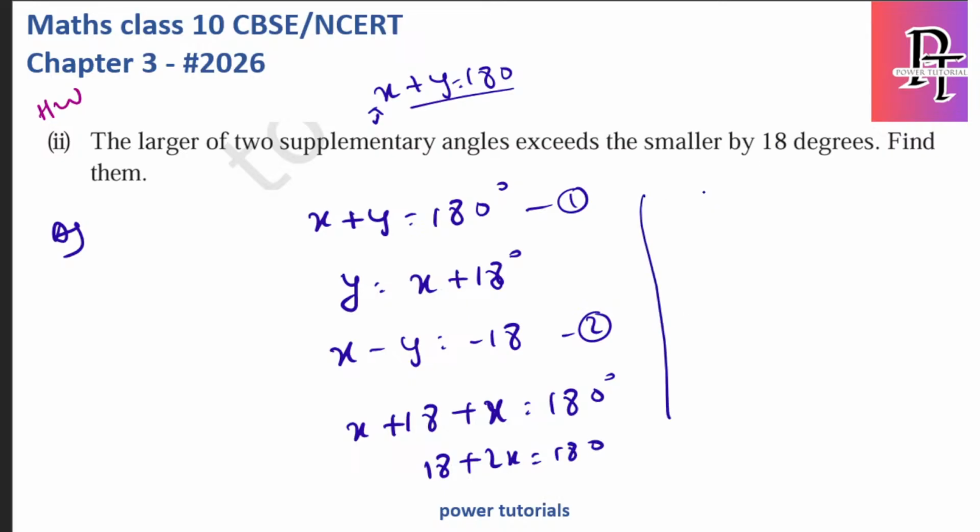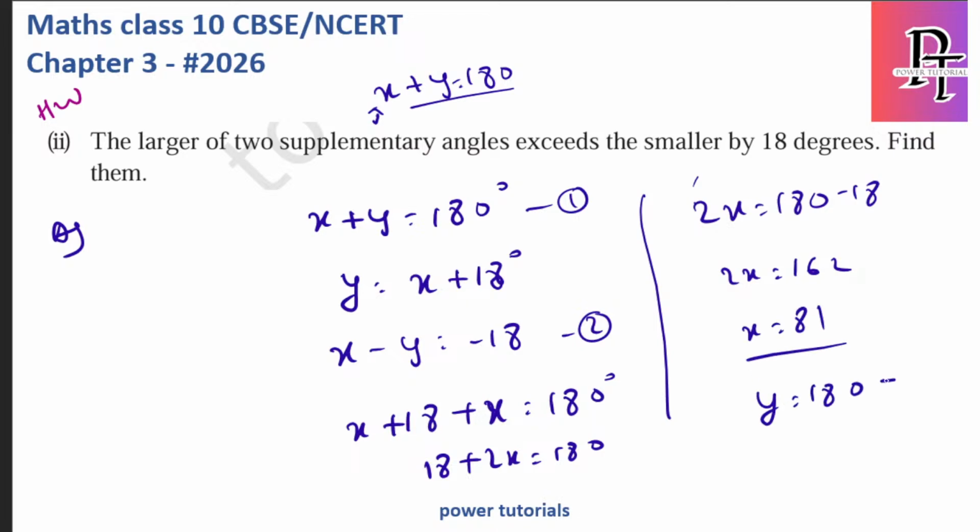So 2x is equal to 180 minus 18. So 2x is equal to 162. x value becomes 81. If x is 81, I can directly say y value is 180 minus 81. So y value is 99. x value is 81. This is an easy question. Okay.